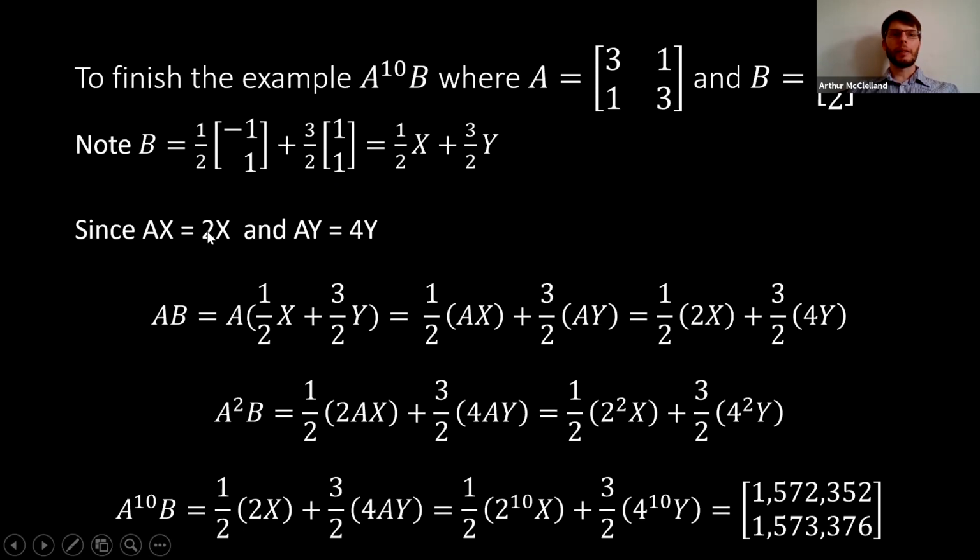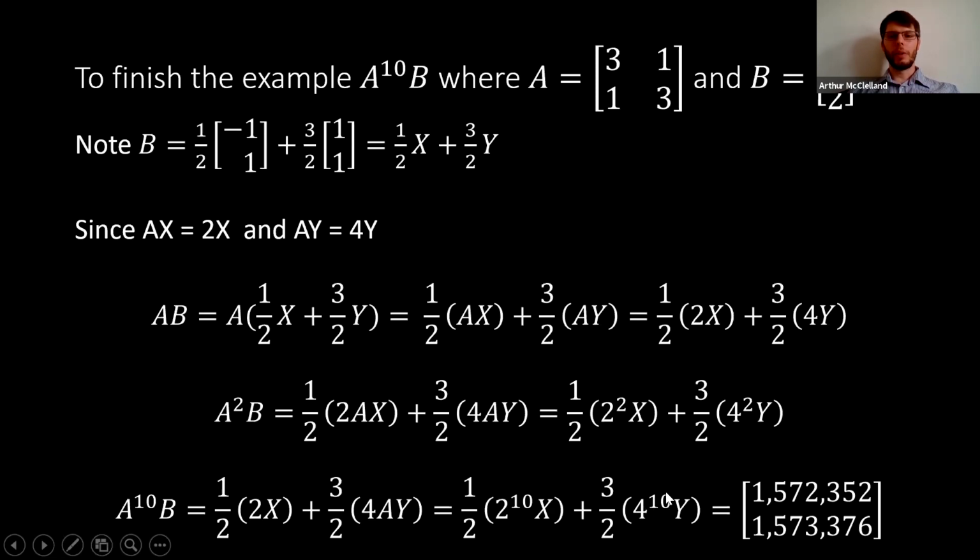Since Ax is equal to 2x and Ay equals 4y, here's our eigenvalue equation, just putting in the appropriate eigenvalues. We can expand this out and generate a general equation. So A times B is this long thing, A squared B is this long thing, A to the 10th B is this long thing, but now we've figured out the general equation for it.